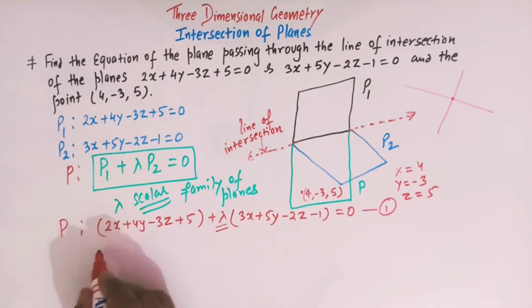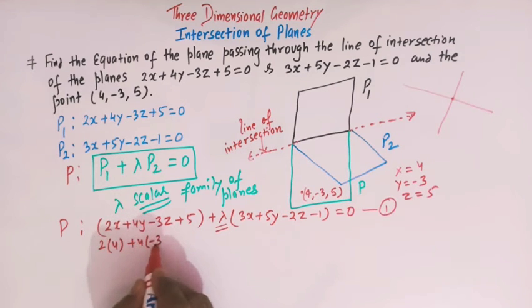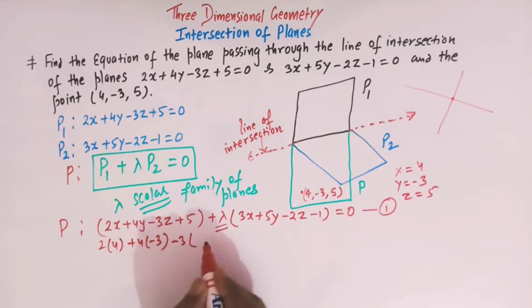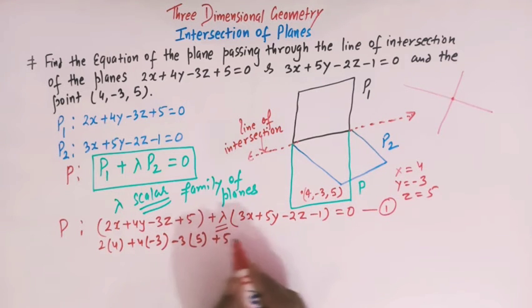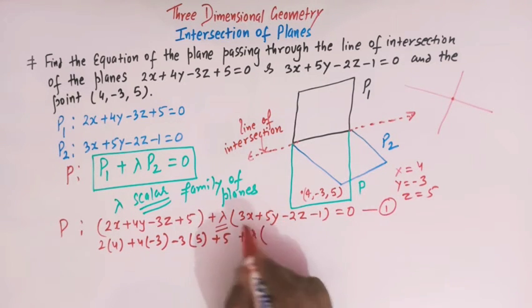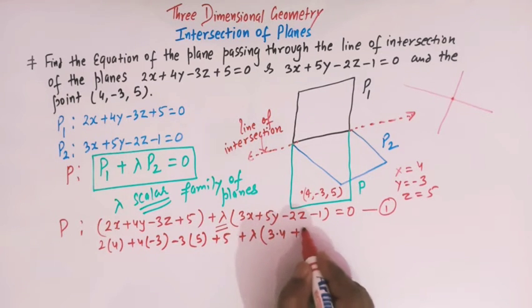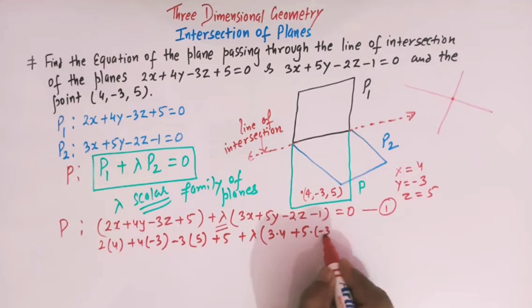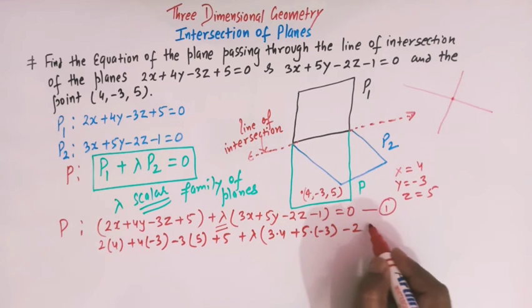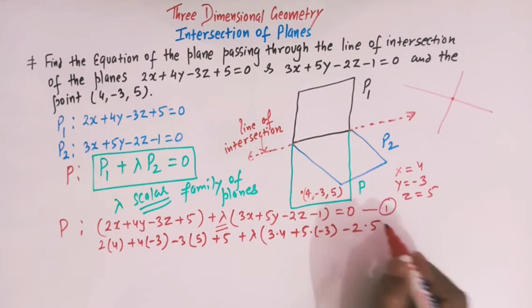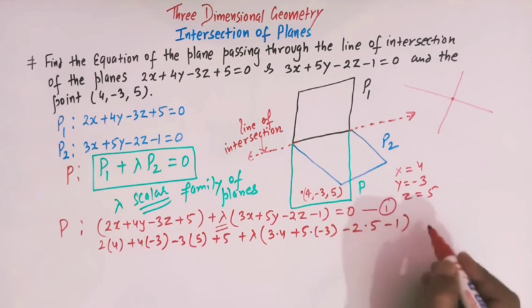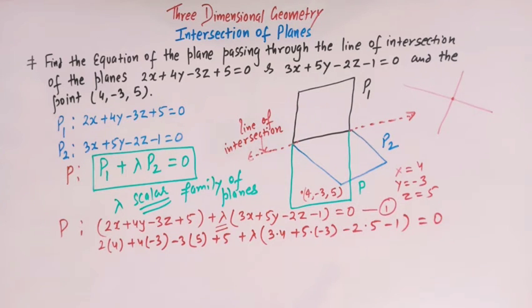So we have here 2 times 4, then we have 4 times minus 3, then we have here 5, then plus 5, and then lambda, and here we have 3 times 4, then we have 5 times minus 3, and then we have minus 2 times 5, and here we have minus 1, that is equal to 0, right?